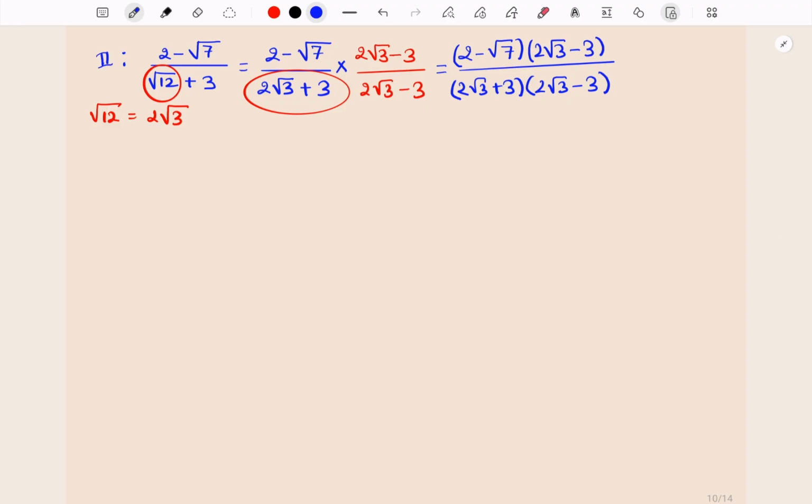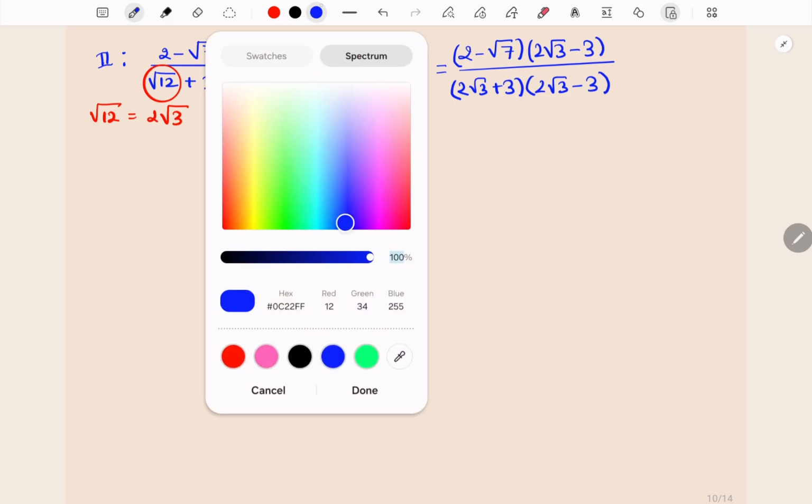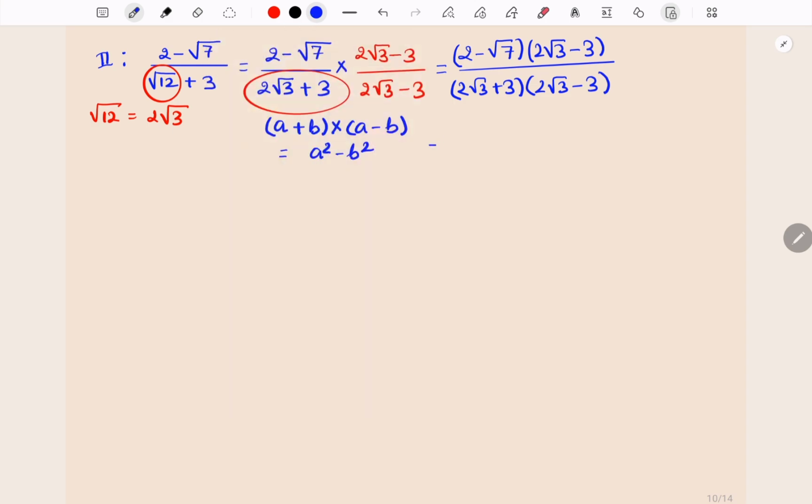In the denominator, if we look closely, we have an algebraic expression of the form a plus b multiplied by a minus b. We know that this is actually a squared minus b squared. So with that in mind, let's rewrite our fraction.